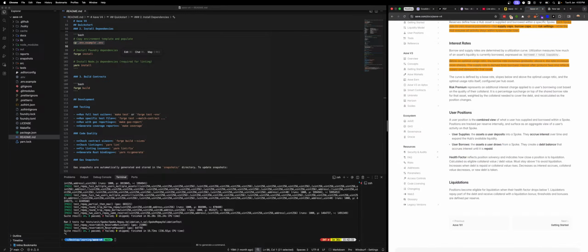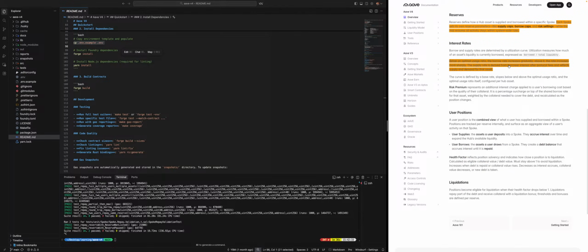The supply rate is derived from borrower's interest.